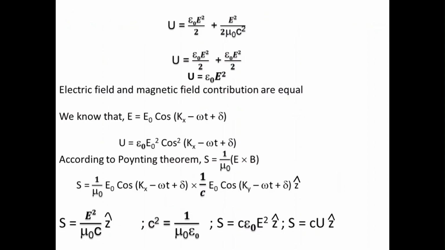If we put those values, we get U is equal to epsilon naught E square. What does it suggest? You can see both are the same, which means the electric field and magnetic field contribute equally.